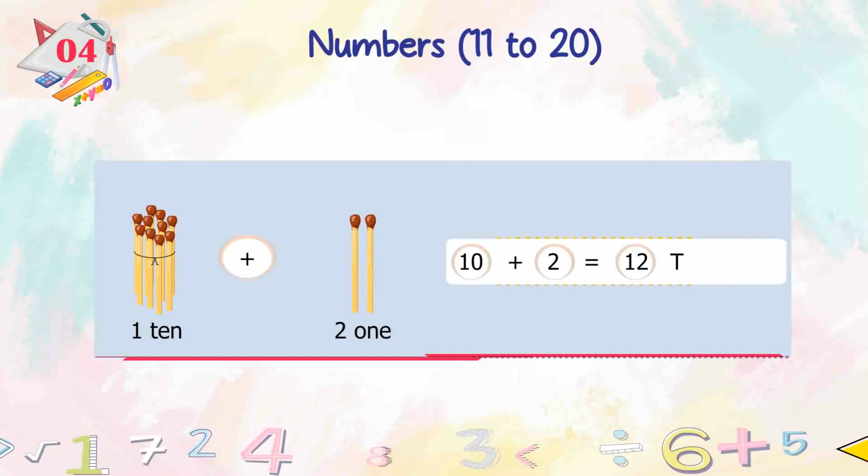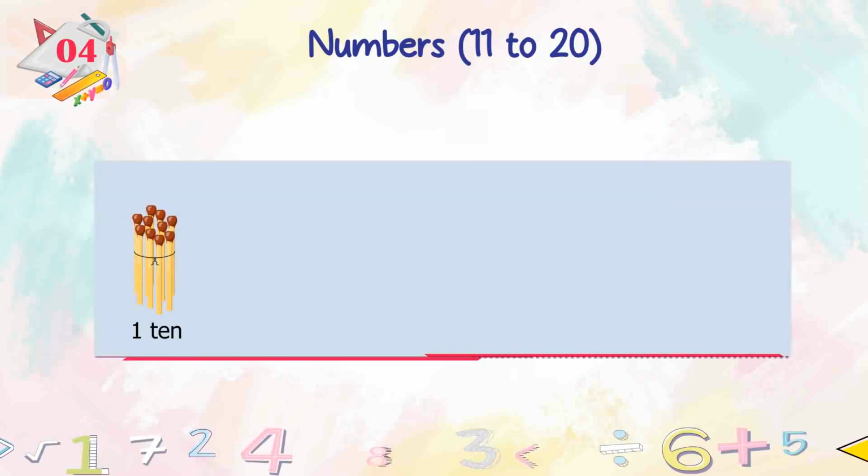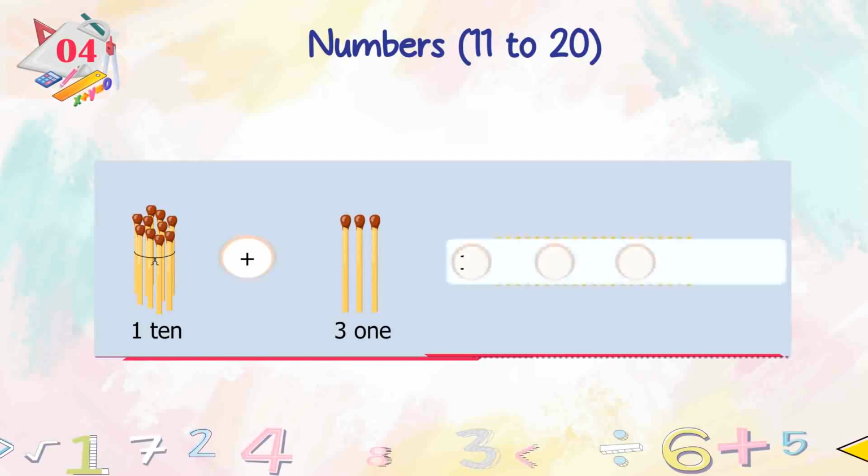T W E L V E. 1 ten plus 3 ones, 10 plus 3 is equal to 13. T H I R T E E N.